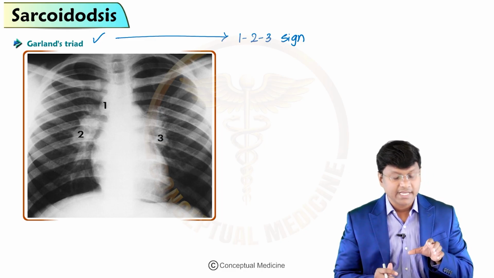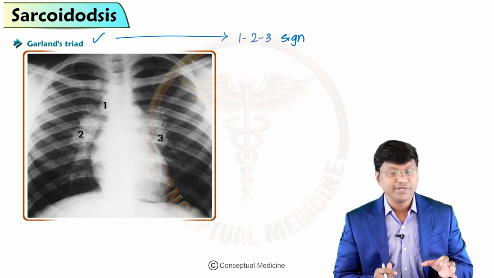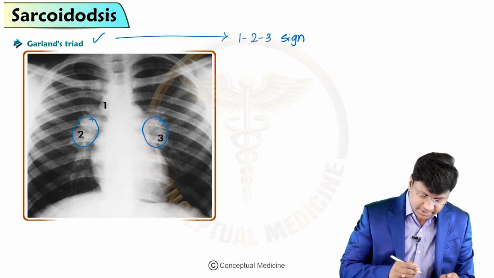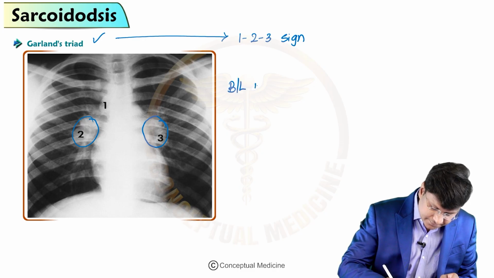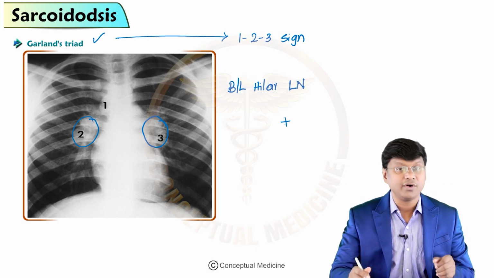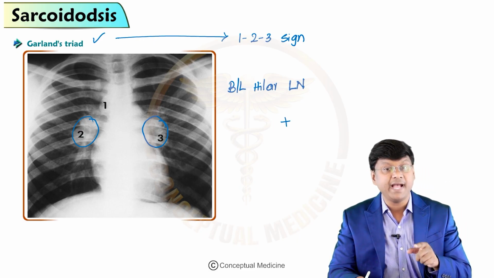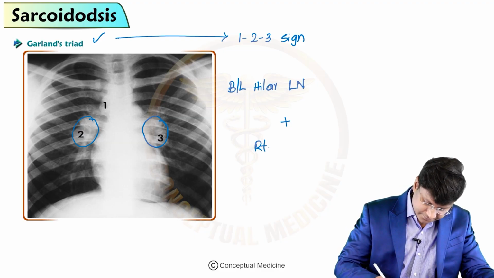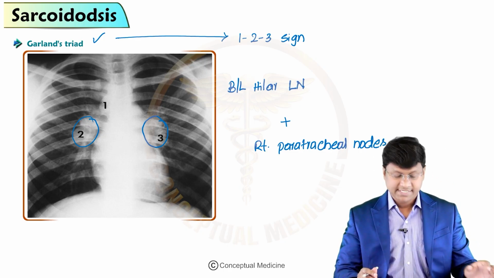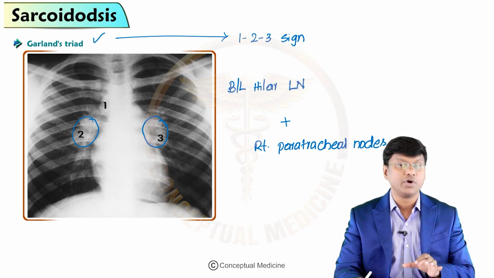In patients with sarcoidosis, when you take a chest X-ray, along with bilateral hilar lymphadenopathy, there will also be involvement of the right paratracheal nodes. This is what is called the Garland's triad or 1, 2, 3 sign.